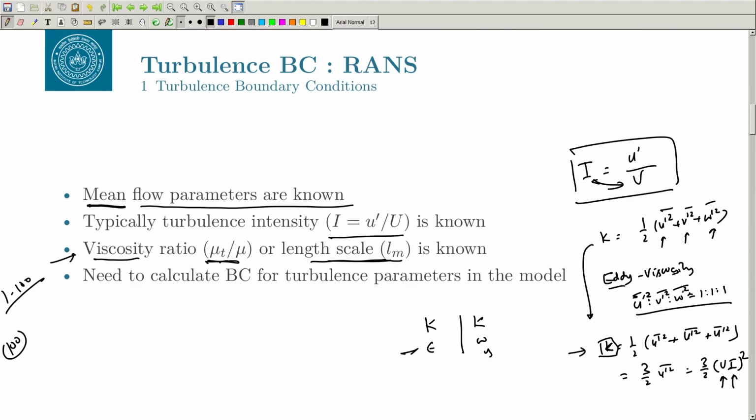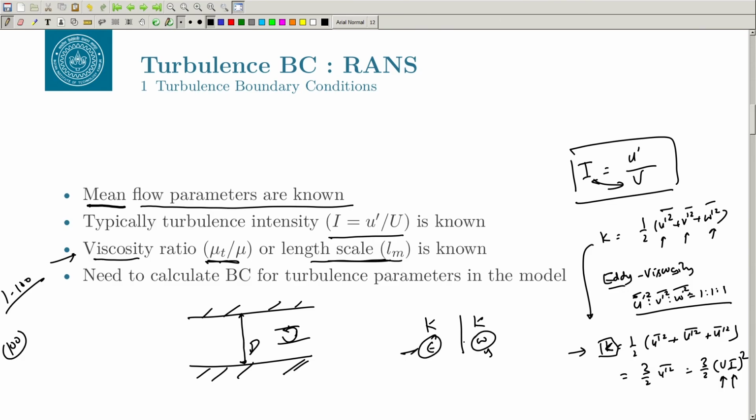You do not have to give both, either of the two. For length scale, let us say you have turbulent flow in a channel, so you will have some expected size of the eddy. That can be some fraction of the hydraulic diameter. We will see how we can use this information of viscosity ratio and length scale to find the other parameter that is unknown.